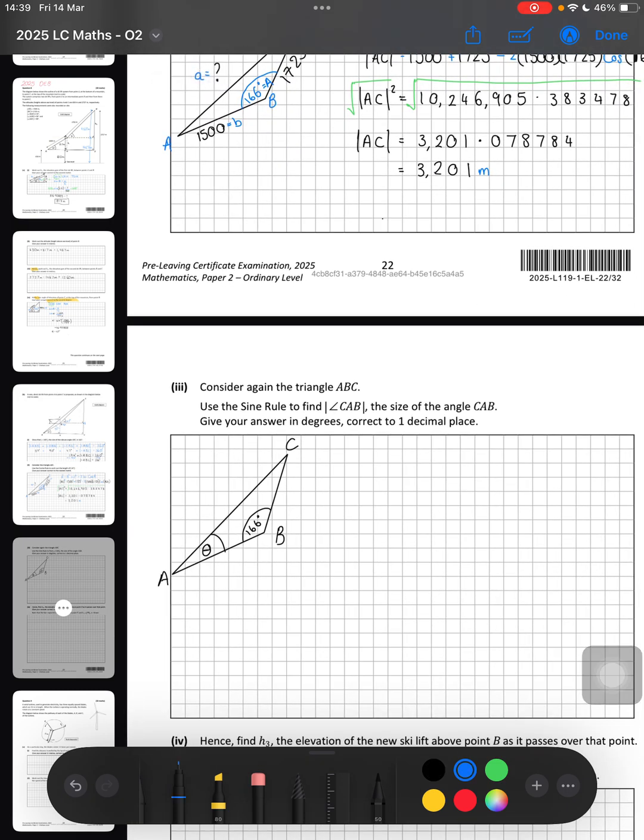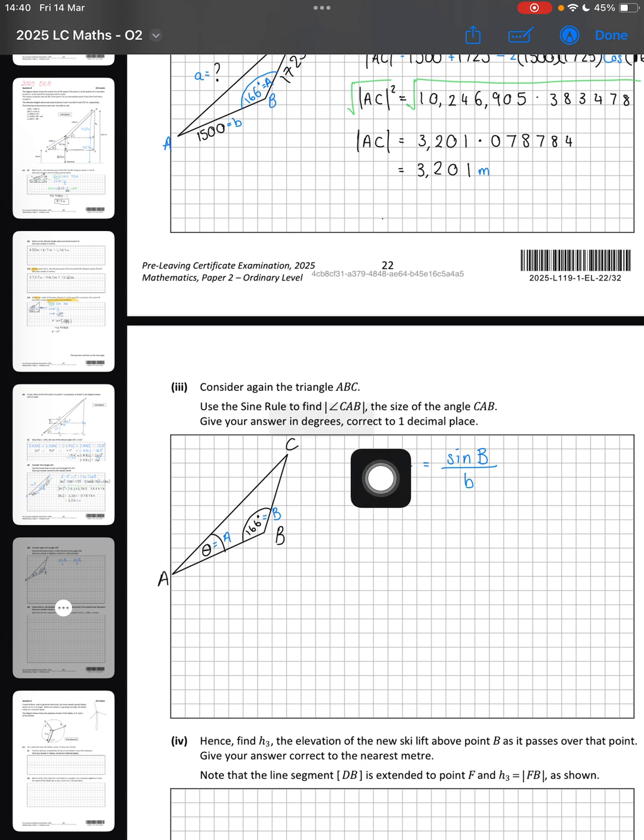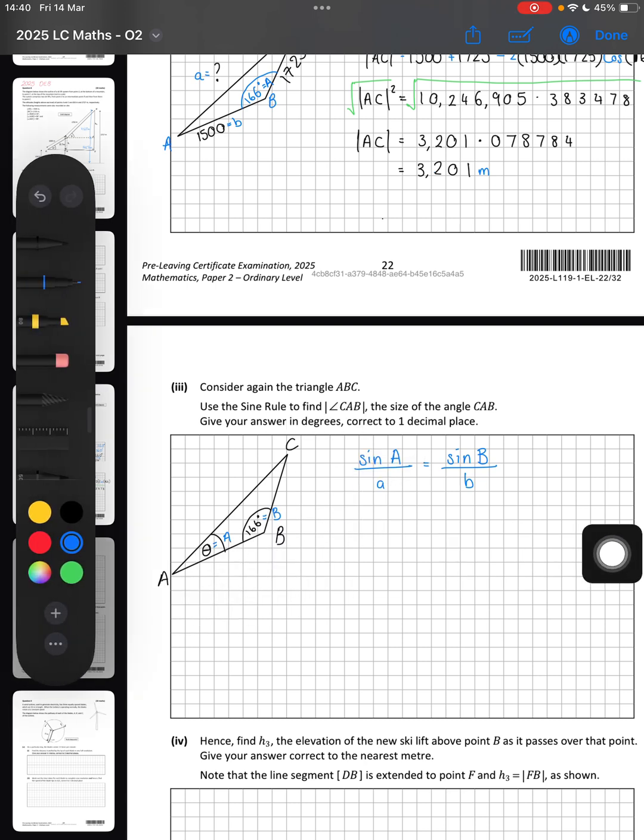So my sine rule is sine A over small a equals sine B over small b. When the letters are the same, it just means they're the opposite sides to each other. So I have 2 angles that I'm working with here. If I was to call them angles A and B, then the sides opposite those have to be the small caps of those letters.